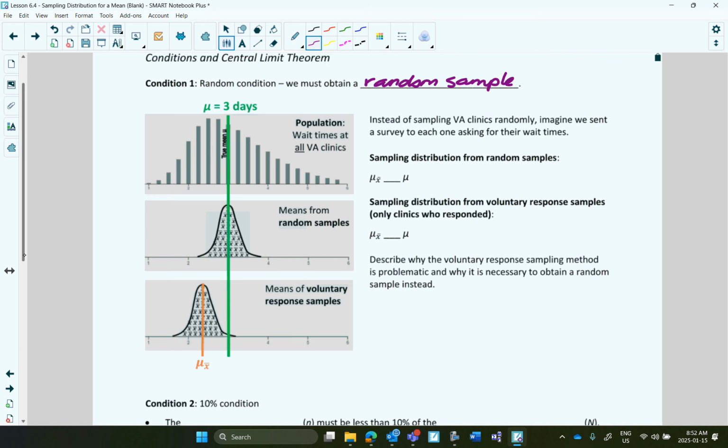So with random samples, the average of all the sample means is going to be the same as the average in the population distribution. But if we do a voluntary response, we would expect the average in the samples to be less than the population because only those that have lower wait times will be reporting.